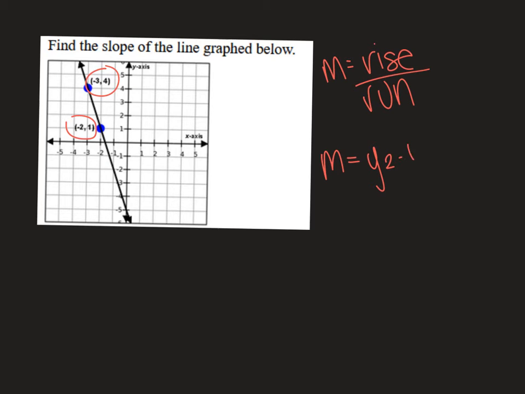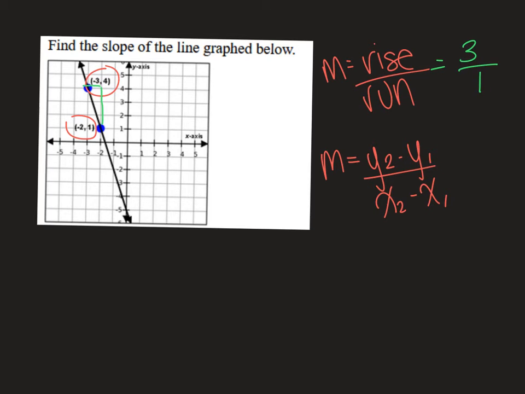Remember, y2 minus y1 over x2 minus x1. If I wanted to count my rise and run here, then from this point up, it's 1, 2, 3 units, and my run is 1.